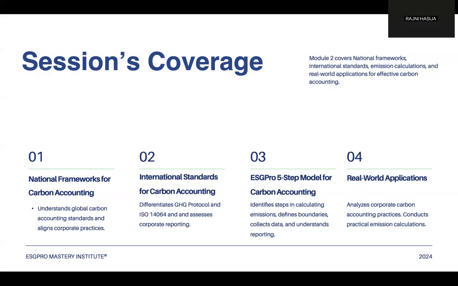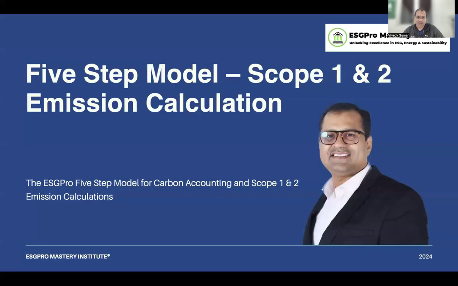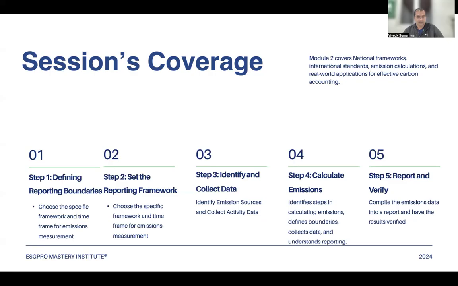Indian carbon credit. Absolutely, European standard ETS and Indian standard, which we are following now. So those were national. International, we have already covered GHG Protocol and 14064. And now we are going to cover the ESG Pro Mastery Institute 5-step model. These are the 5-step models which we are covering here, with a real-time example.